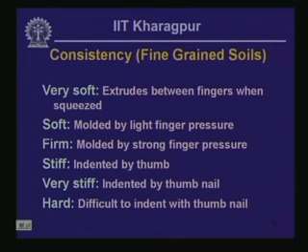The consistency of a fine grained soil can vary from very soft to hard, and here I also mention a series of simple tests that can be performed on a sample extracted while the investigation is going on, and these tests will tell the inspector whether a soil is approximately very soft or hard.